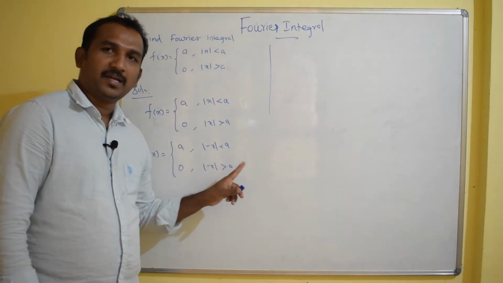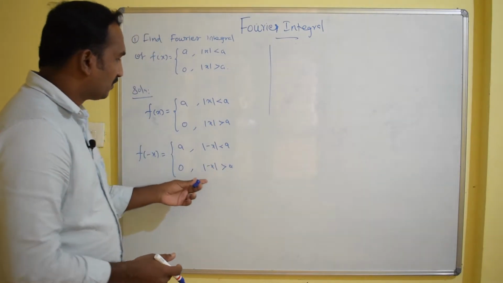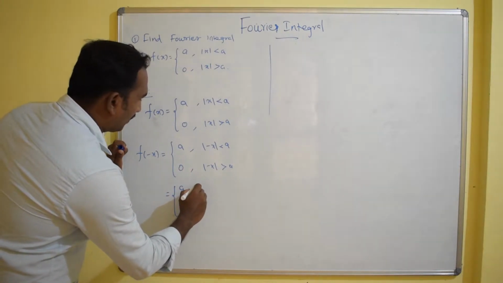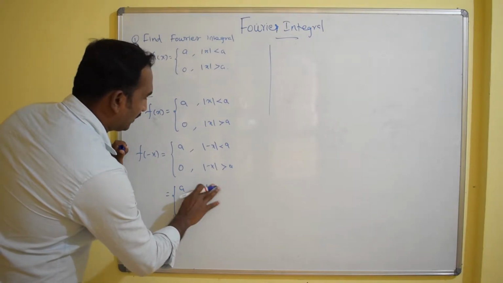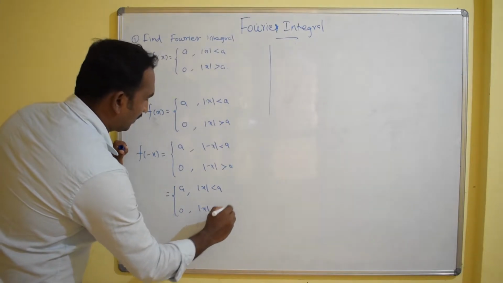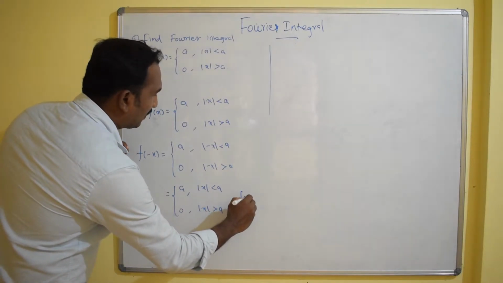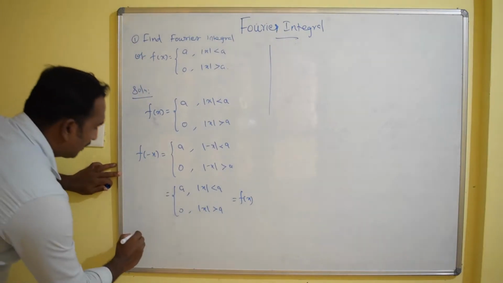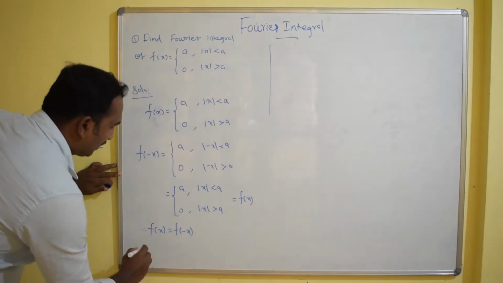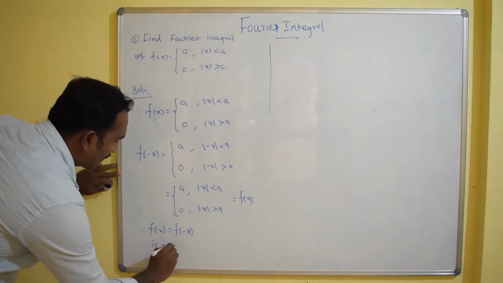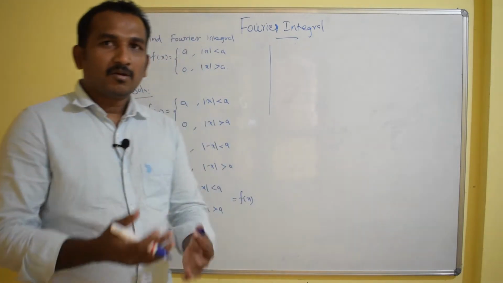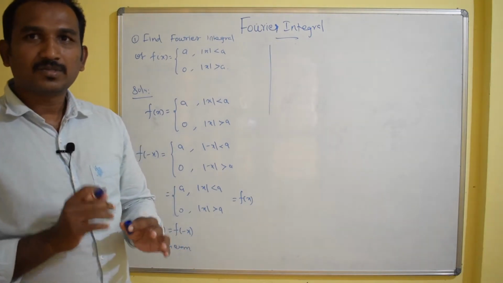We know modulus of minus x is a positive value, so this will become a when modulus of x is less than a, and 0 when modulus of x is greater than a, which is f of x. Therefore f of x is equal to f of minus x. Therefore it's an even function. So now we need to find the Fourier cosine integral.